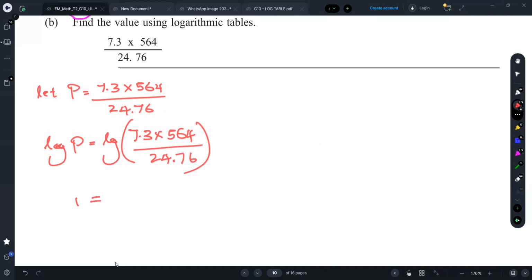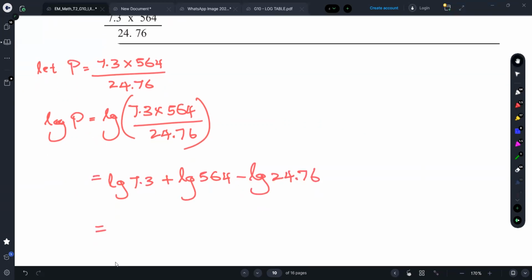Equals log 7.3 plus log 564 minus log 24.76. Log 7.3.